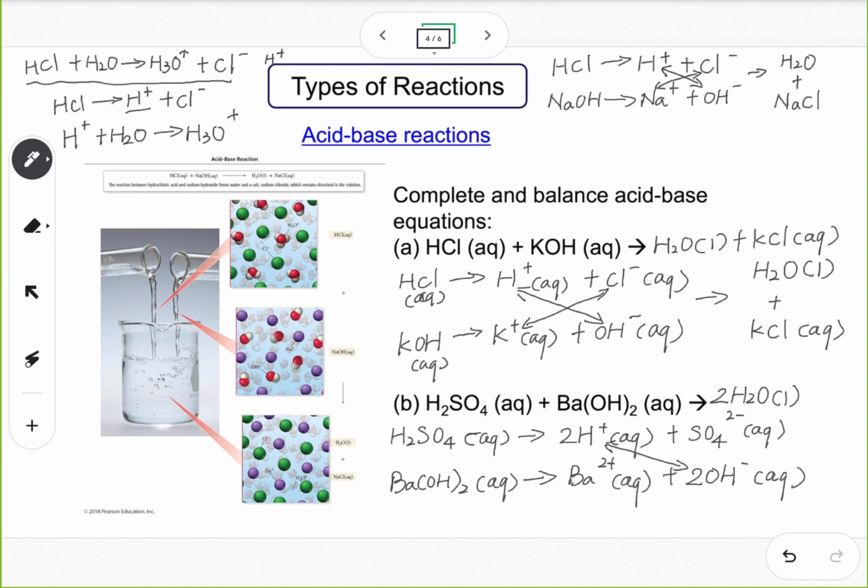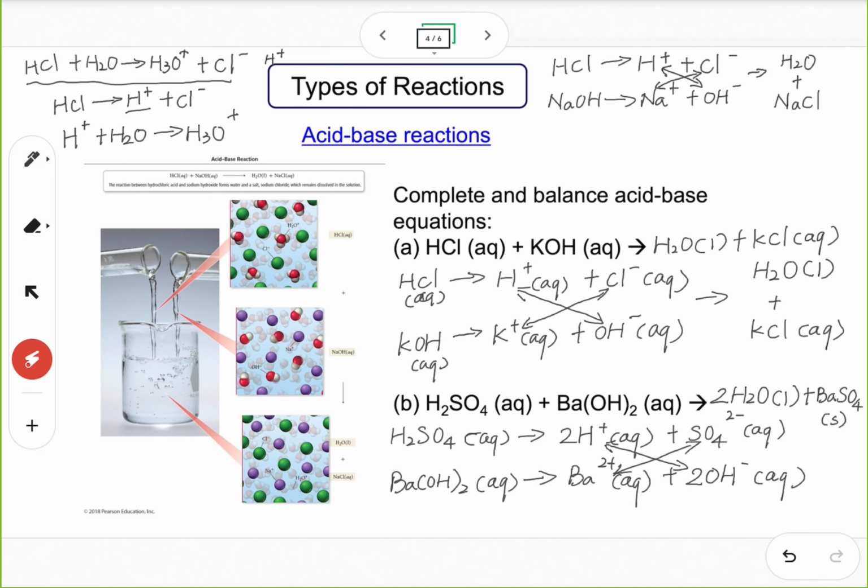The other product would be between the barium and the sulfate, so it would be BaSO4, and here it's going to be a solid. If you remember the table we had regarding the solubility of ionic compounds, you will see that barium sulfate is not soluble in water. So if you mix these two together, barium sulfate will form a precipitate as a product. Anyway, these are the two products from this reaction.